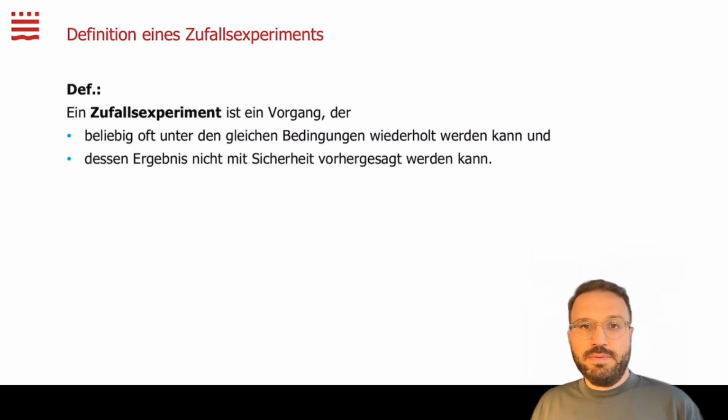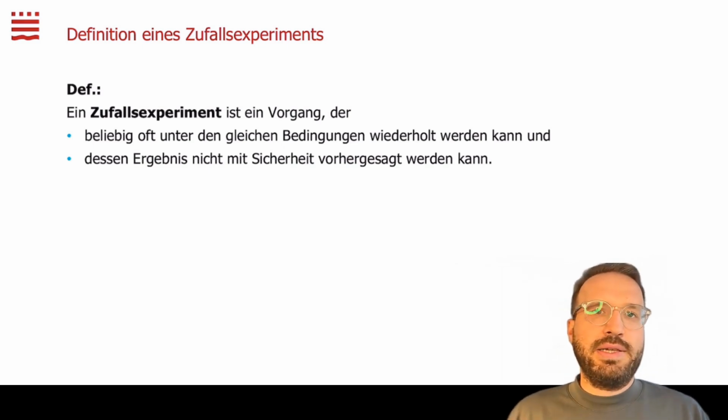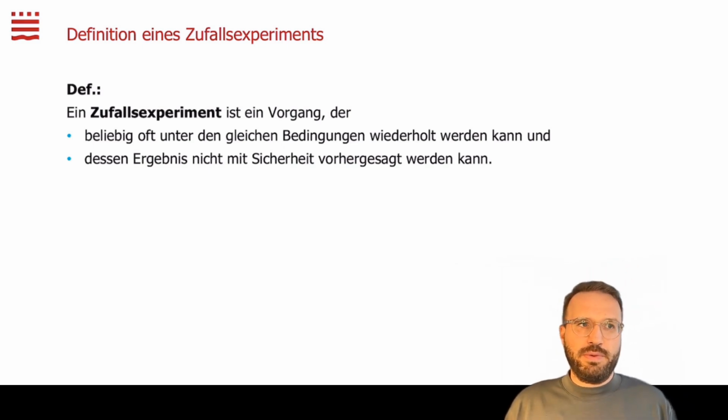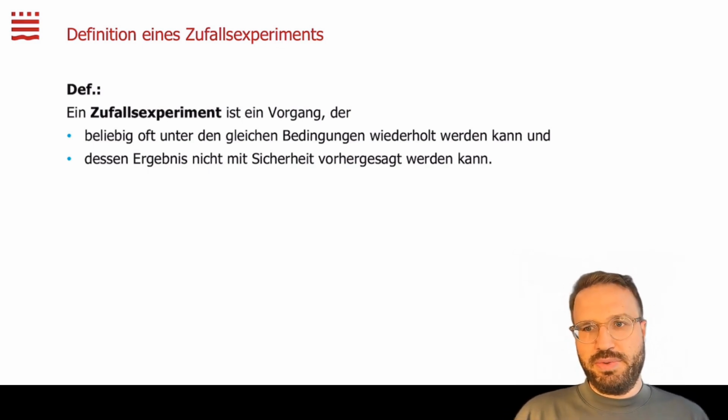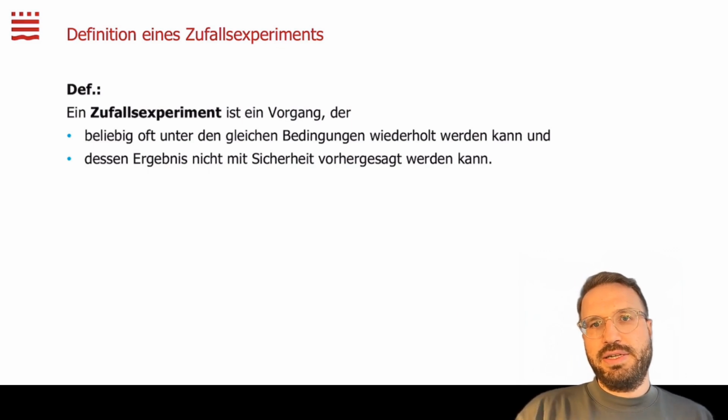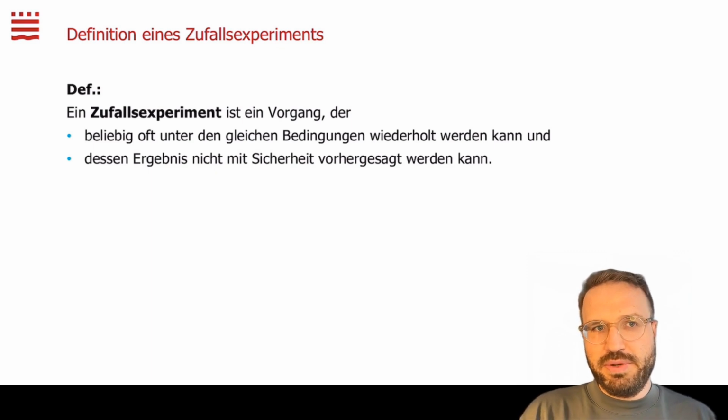And it is supposed to include the word randomness. This does not mean that there is no determinism, but rather that we cannot predict the outcome of the random experiment with certainty. So we cannot say with certainty what the outcome will be, which is why we need probability theory to at least make statements about frequencies.